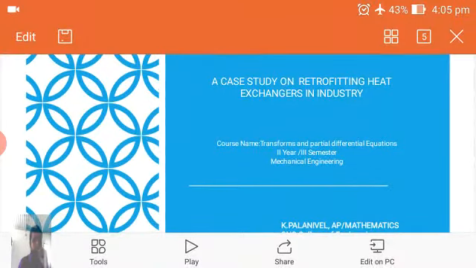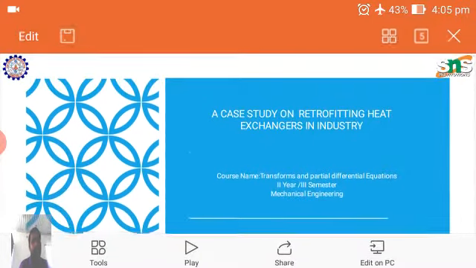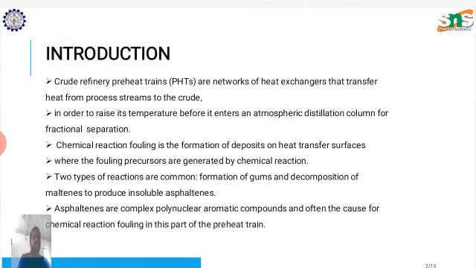Introduction. Crude refinery preheat trains, PHTs, are networks of heat exchangers that transfer heat from process streams to the crude in order to raise its temperature before it enters an atmospheric distillation column for fractional separation.